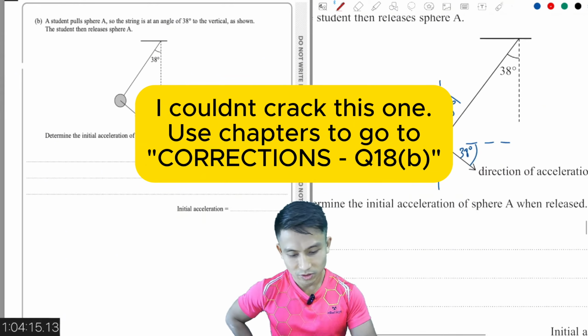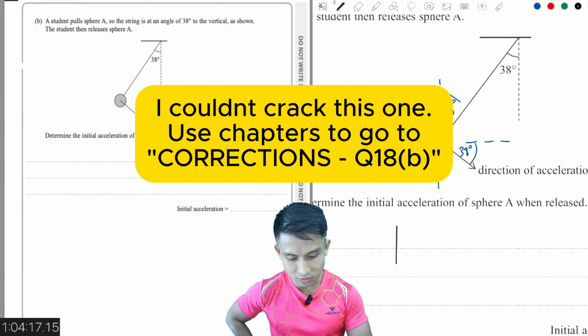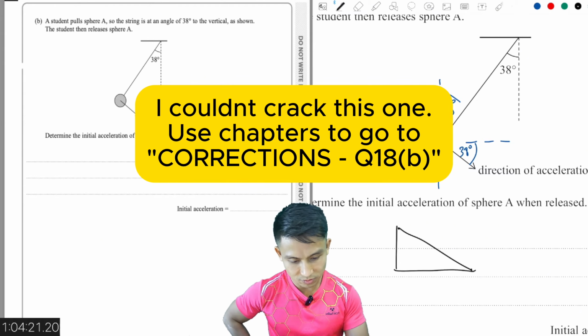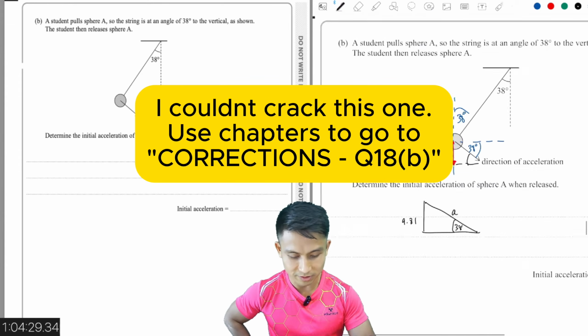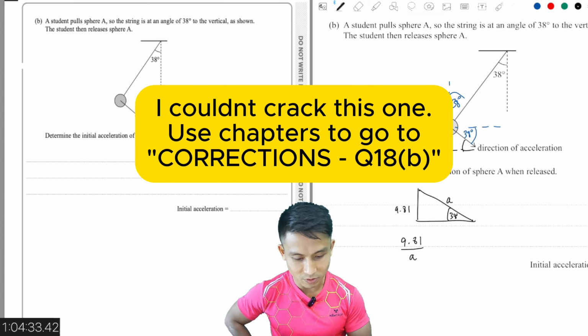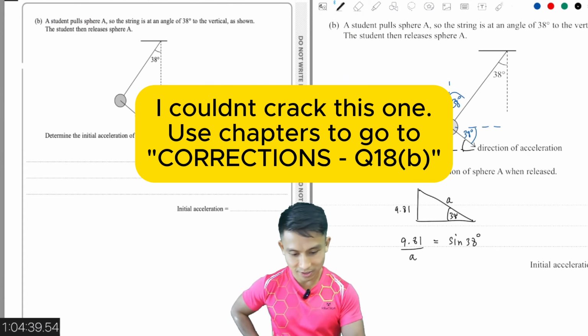So if we do a triangle here, this is also 38. This is the acceleration we want, but the vertical component is 9.81, right? So 9.81 divided by the a we want would be equal to sine 38. I'm just going to do that maybe.